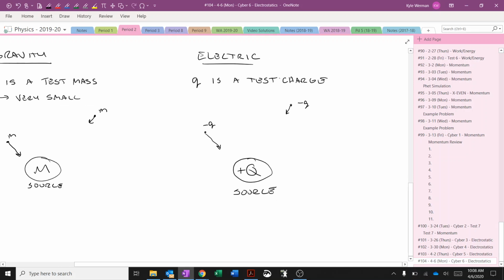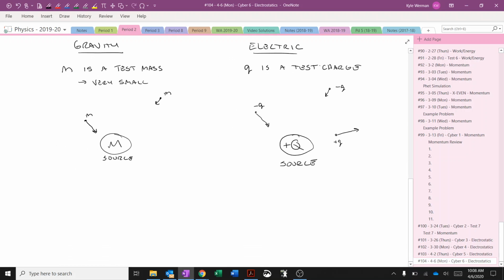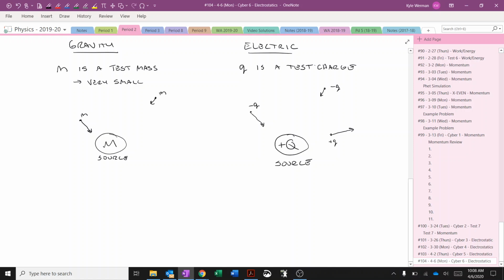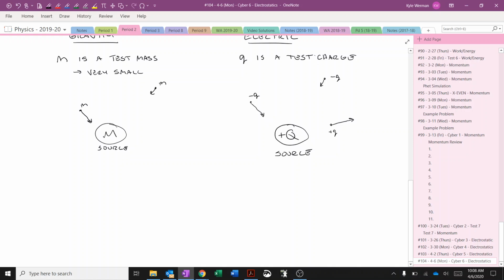Now, if this was a positive test charge, well, now we would get a repelling force. So you can draw these arrows to represent the force vectors, right, away from that source. So really what we're seeing is this electric field, and we can define its field strength.